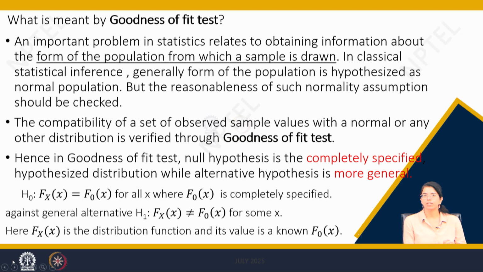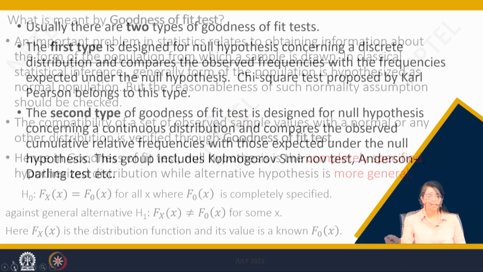H naught: F(x) = F0(x), where F0 is your defined distribution function of the known probability distribution, say normal distribution, for all x, and the alternative hypothesis is F(x) is not equal to F0(x). Generally, goodness of fit test is two-sided.